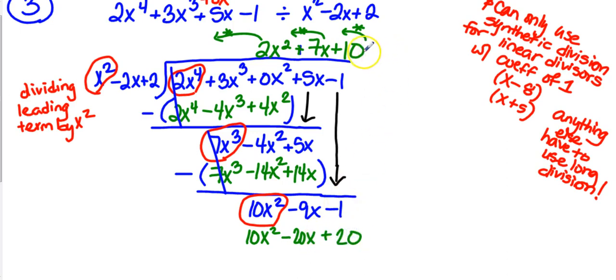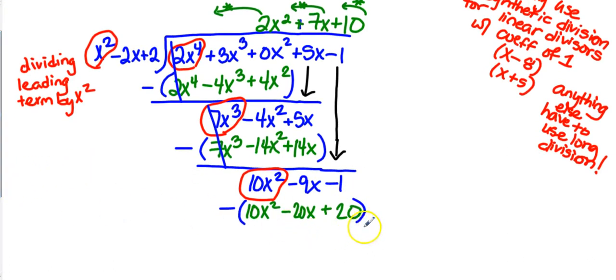So I literally just mentally took 10 and multiplied it through these three terms. Let's subtract and see what happens. Zero. Negative 9x plus 20x is 11x. Negative 1 minus 20, negative 21. That's my remainder.